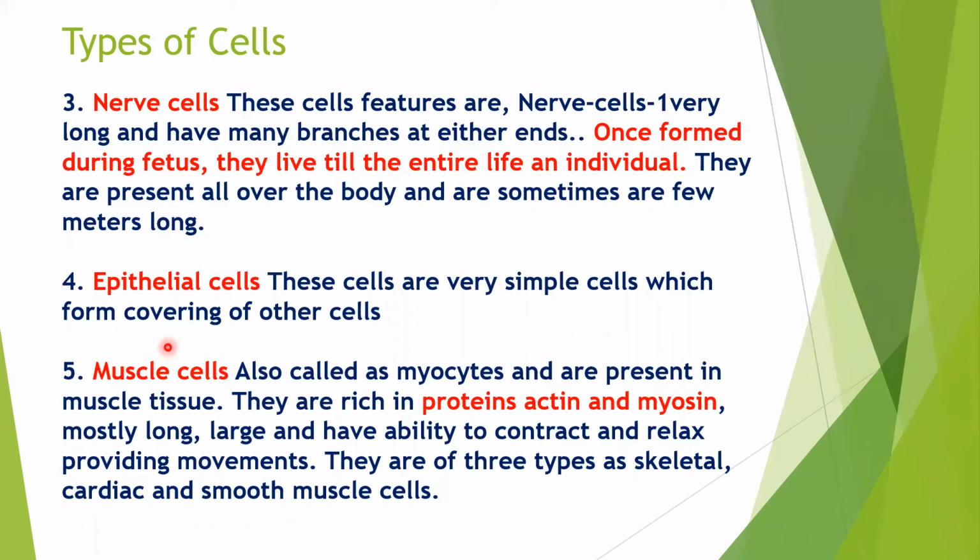Our movement is possible because of them. And look at the things which form these cells. For example, muscle cells are rich in proteins, actin and myosin. So if you see, friends, all these nutrients which I mentioned earlier are at a very, very micro level, like actin and myosin, which are nothing but advanced forms of amino acids, right?